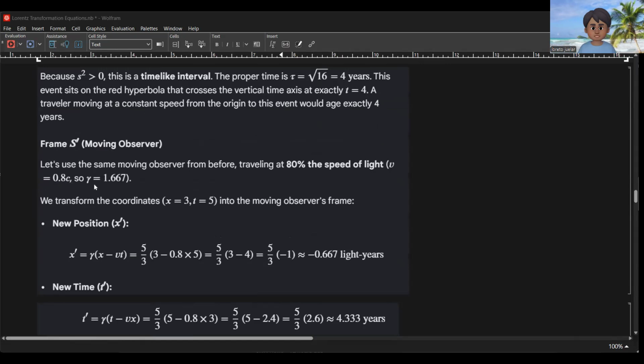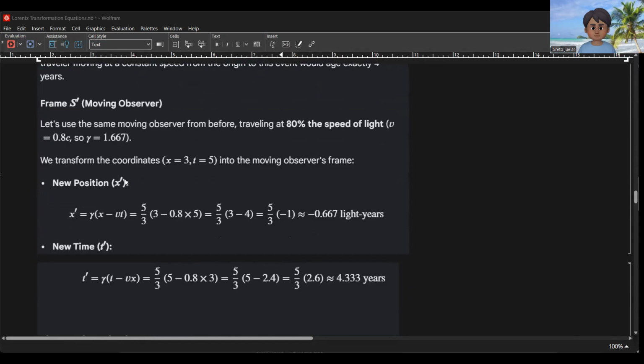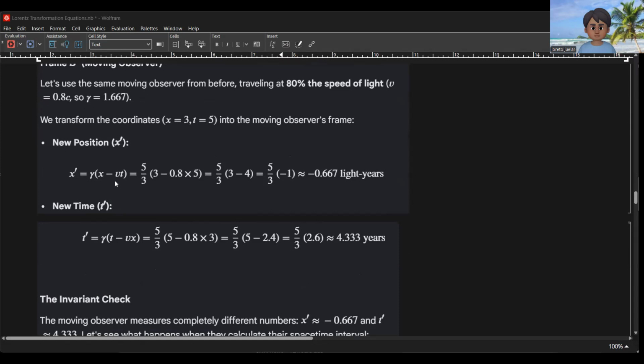By computing the Lorentz factor here, it is equal to 1.667. So we transform the coordinates x equal to 3, t equal to 5 into the moving observer's frame. The new position x prime, by using the Lorentz transformation equation, is 5 over 3 times negative 1, which is negative 0.667 light years.